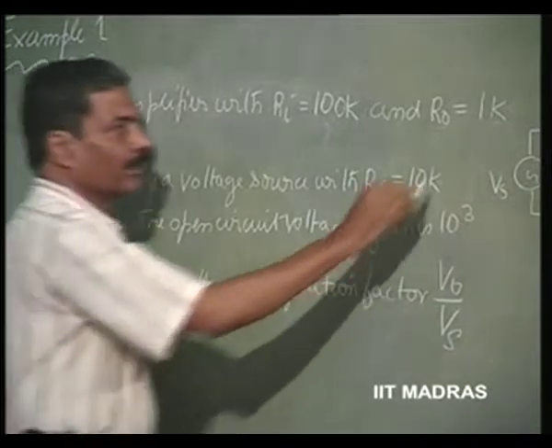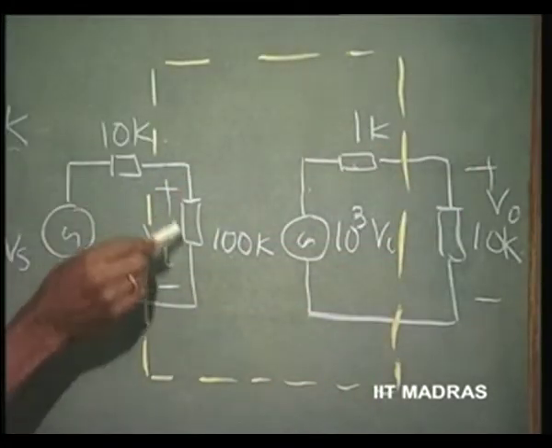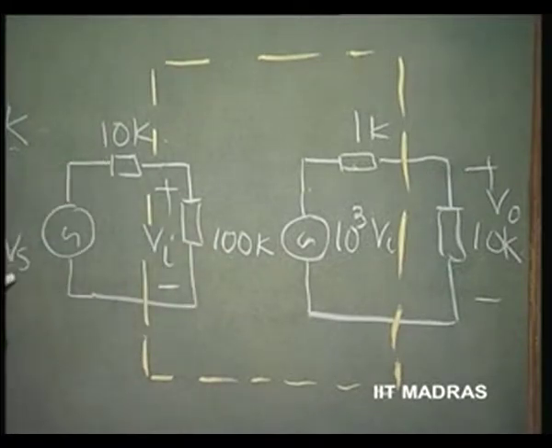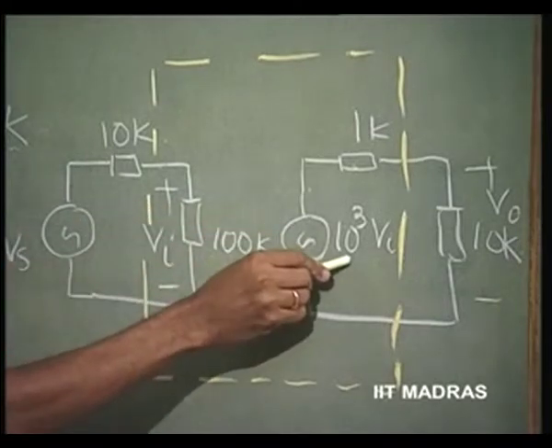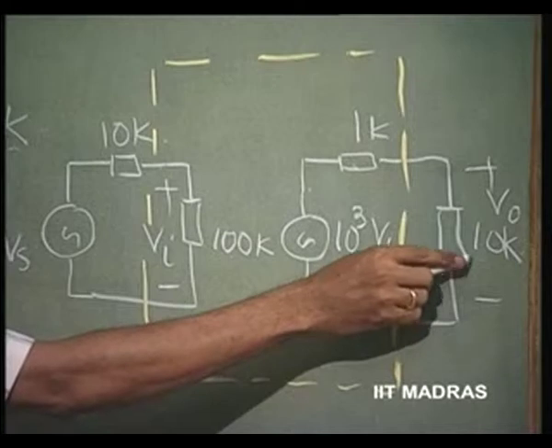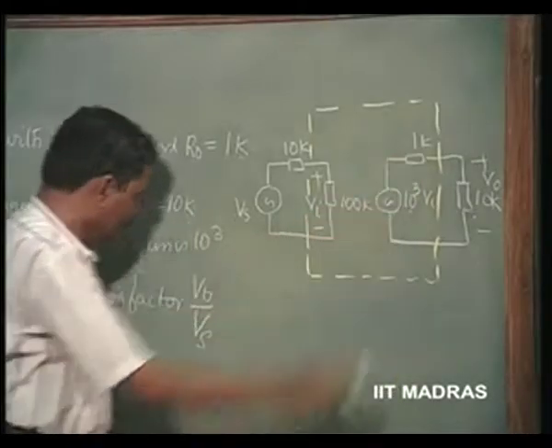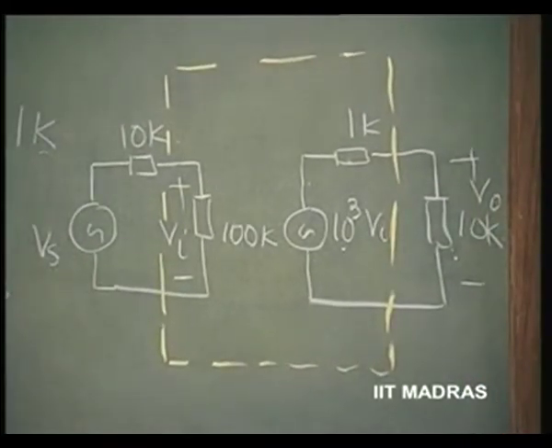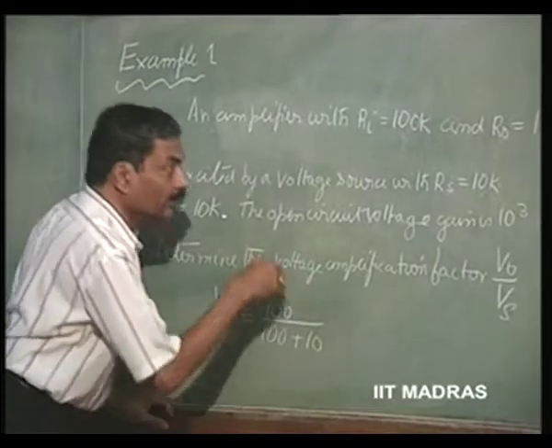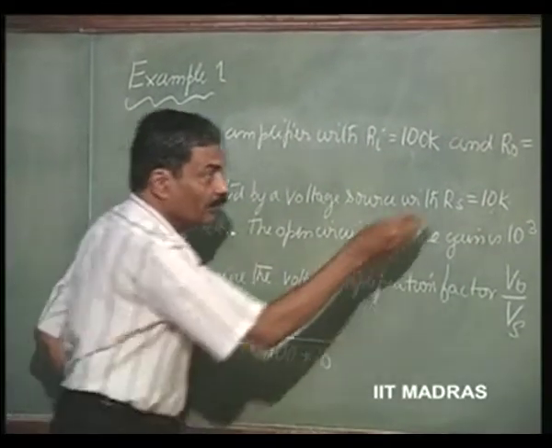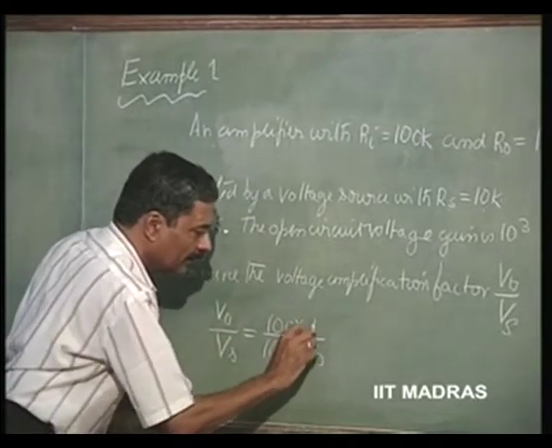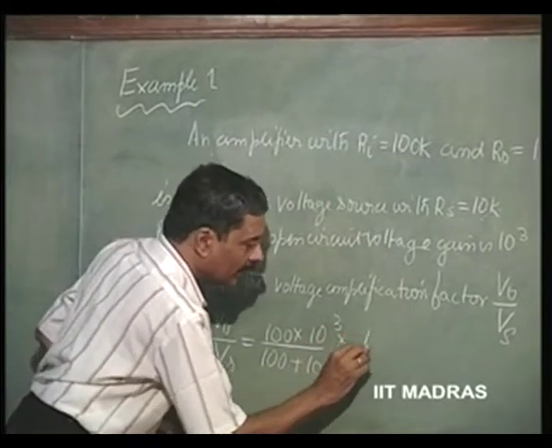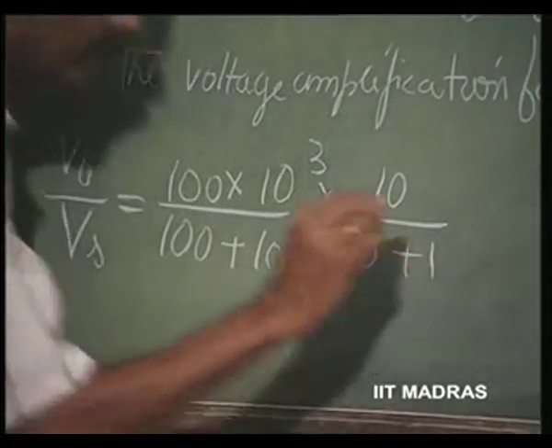from this diagram you can now see, is going to be 100 divided by 100 plus 10 times Vs into 10 to power 3, multiplied by 10 divided by 10 plus 1. So, 100 divided by 100 plus 10 times Vs is going to be Vi, and that is multiplied by 10 to power 3 and appears at the output, and that is going to be further attenuated as 10 divided by 10 plus 1.